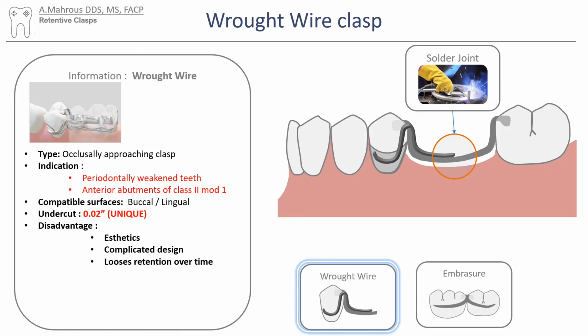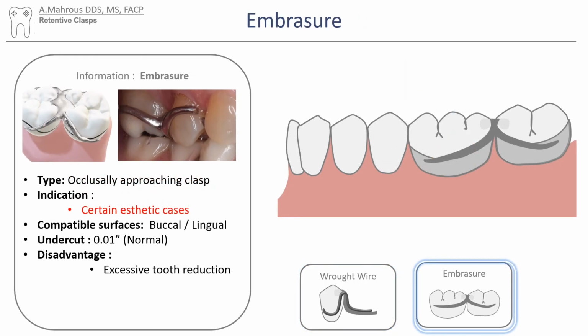The other special use clasp is an embrasure clasp. Embrasure clasps, also commonly known as double cast circumferential clasps, do look like two circumferential clasps that are back to back. They are used in some specific aesthetic situations, which are explained in a lecture that we'll link below, and they're commonly associated with embrasure rest seats, which we have explained in another lecture that we will also link below.